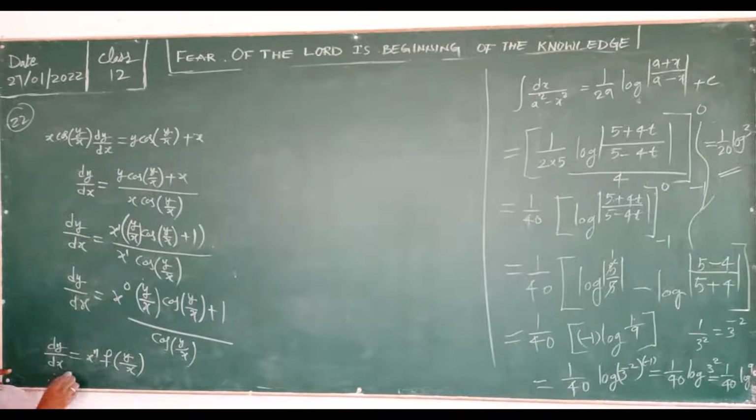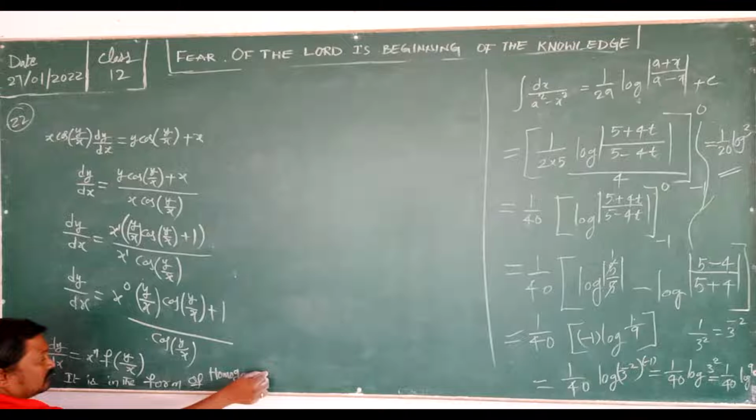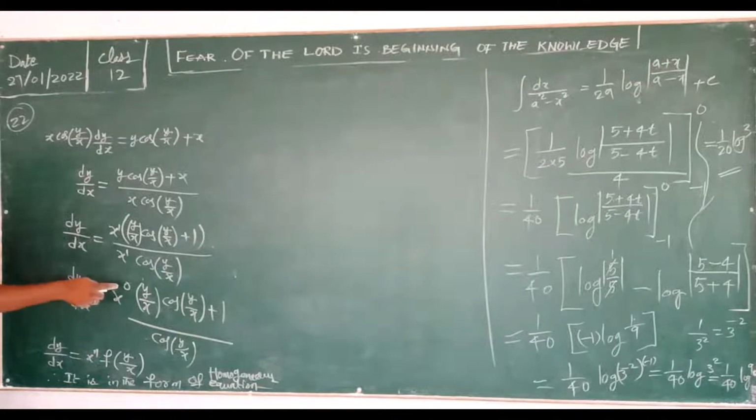So therefore, it is a homogeneous equation with order 0, because here x to the power 0 comes as order 0, x to the 1 comes as 1, x square comes as 2, so order is 0. So it is a homogeneous equation. Till this you will get 1 mark and the remaining part 3 marks.